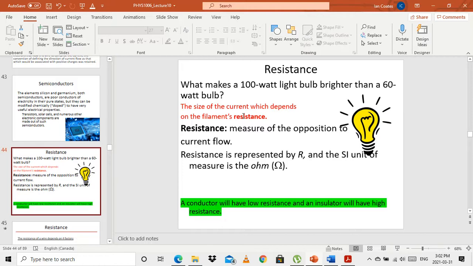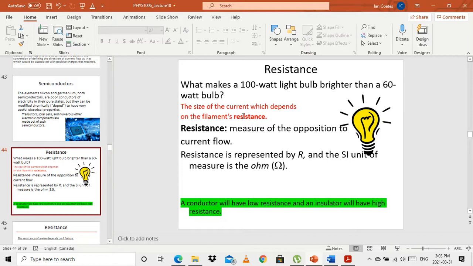The electrons would come up and travel across this and in the process make light. And the amount of light is all dependent on the amount of current that this strip of metal can handle.